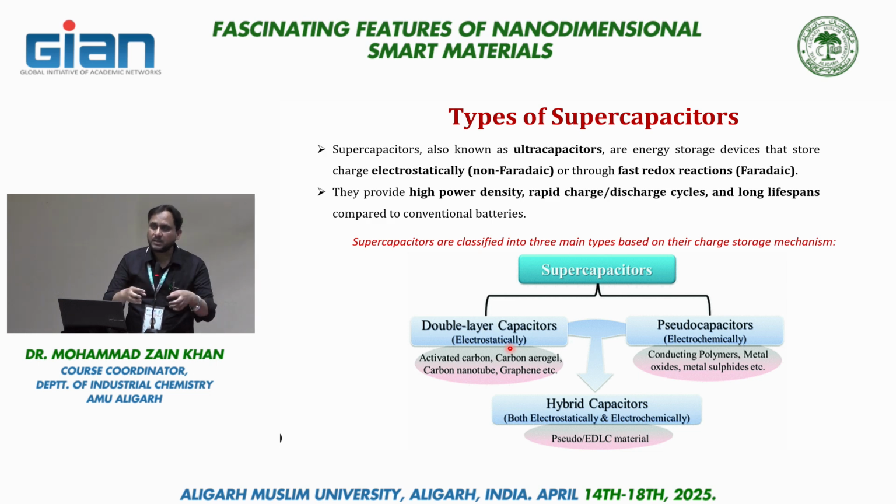Therefore, a capacitor where these types of materials are used behaves as a pseudocapacitor because it is a capacitor but its mechanism is more like a battery. It provides some high power, but its mechanism is more of a battery.